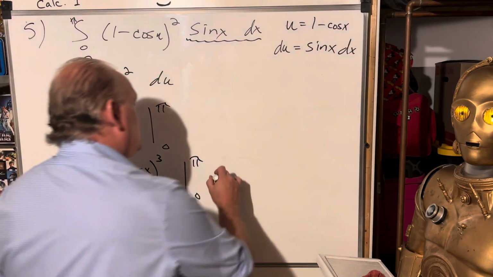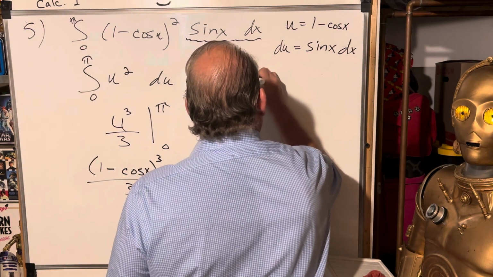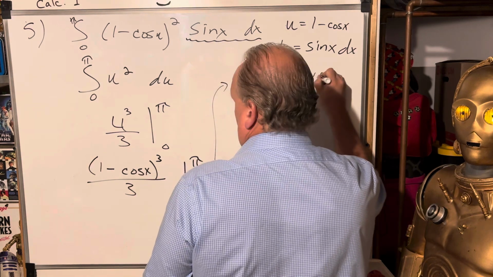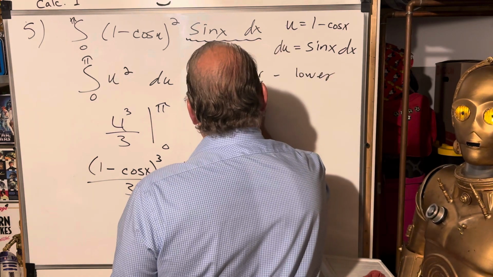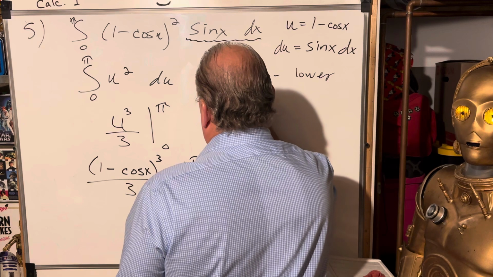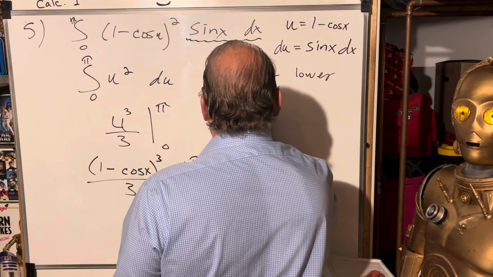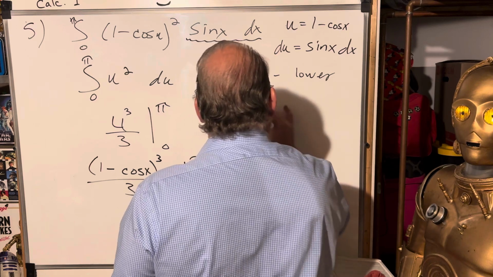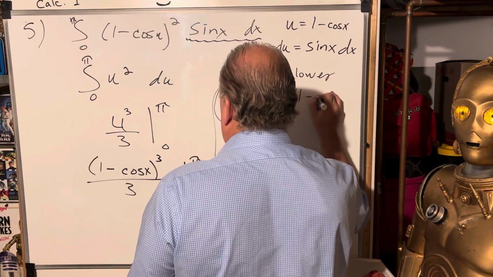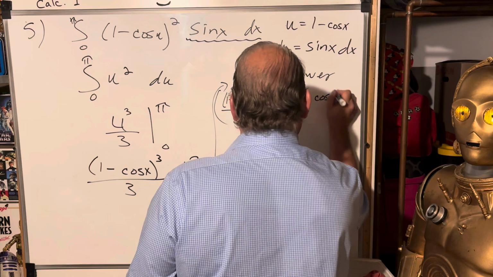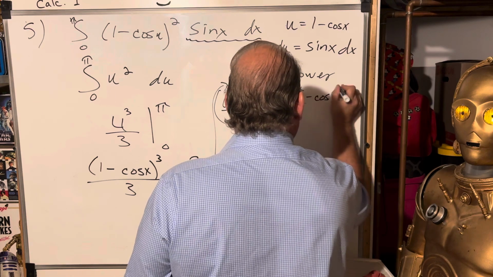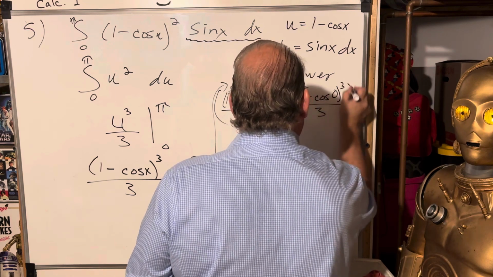And so it's upper minus lower. So 1 minus cosine pi, quantity cubed divided by 3, minus 1 minus cosine 0, quantity cubed divided by 3.